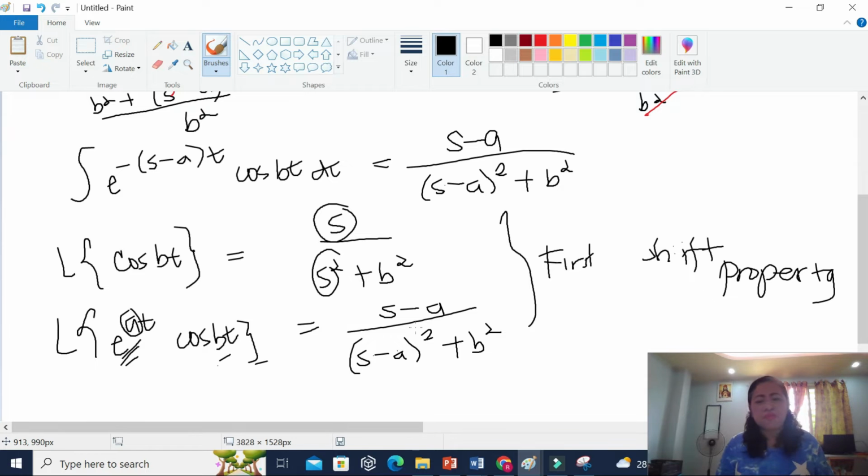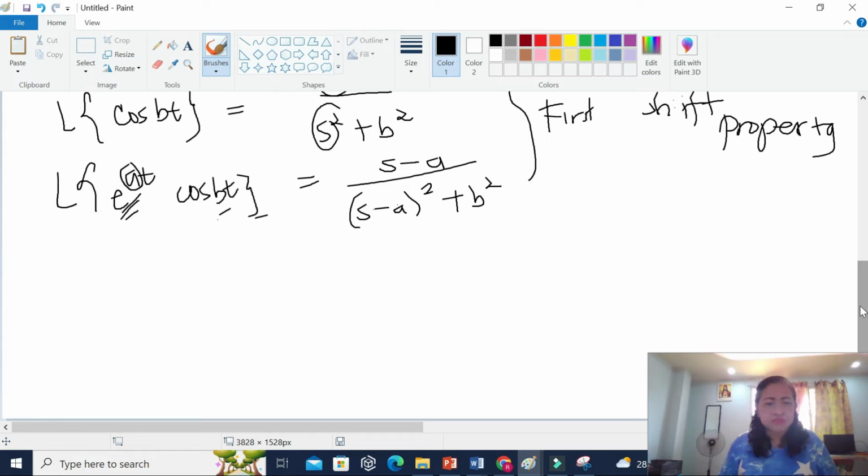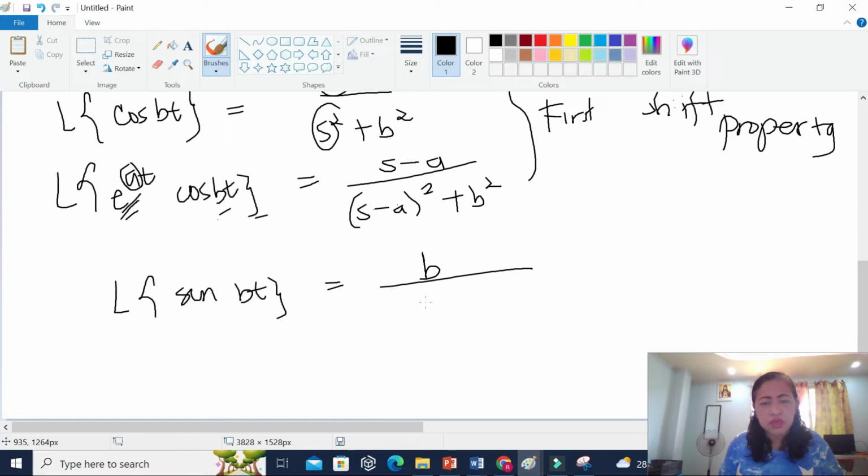Okay. So, say E to the AT, if our function is the Laplace of sine of BT, this will be equal to B over S squared plus B squared.